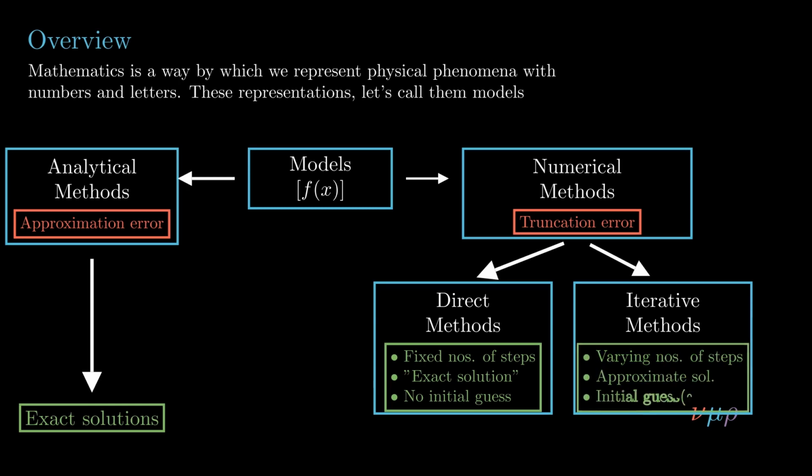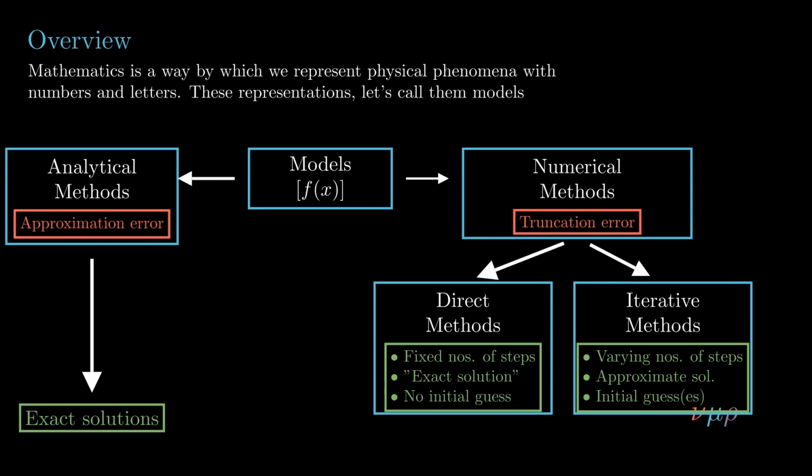Now the iterative methods, on the other hand, do not require a fixed number of steps, and in iterative methods, a function or an expression of some sort is evaluated repeatedly, and we hope that these evaluations would get us closer and closer to the answer. So how good the solution is usually determined by an error metric or convergence of the method.